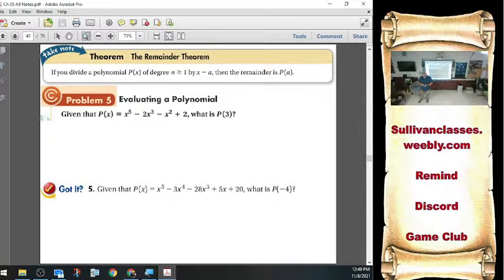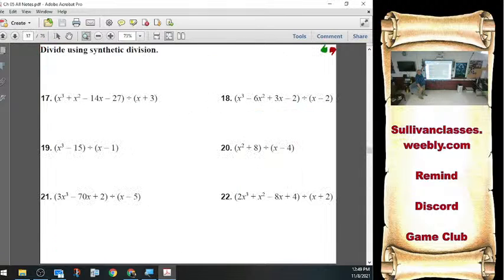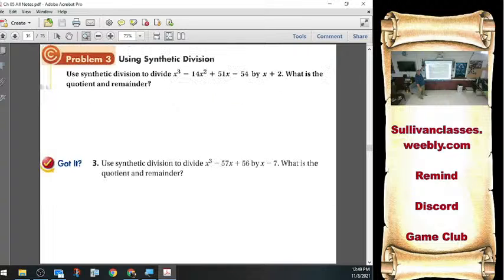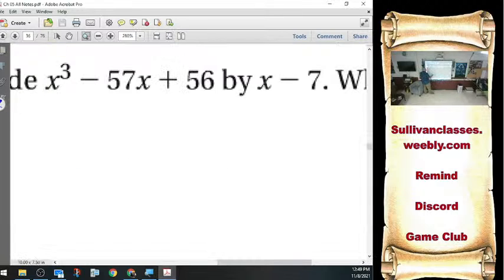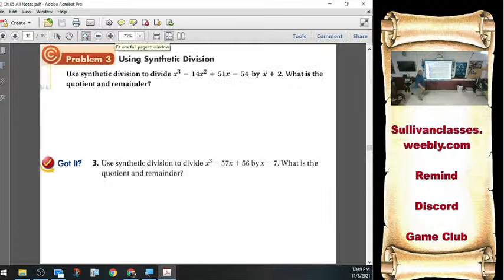I should get 0, right? Go back to problem 3, we have both those written down. Did either of them go in cleanly? No remainder?